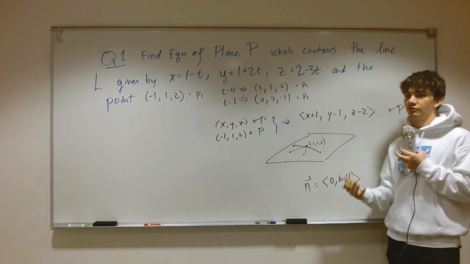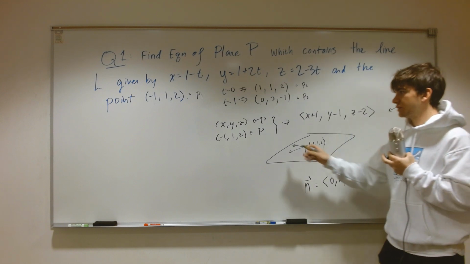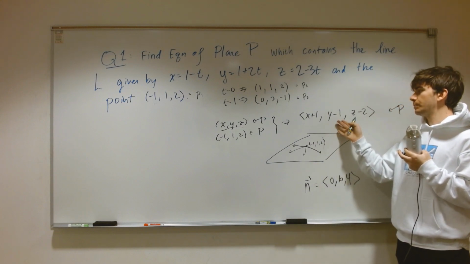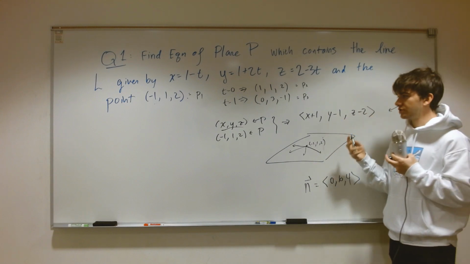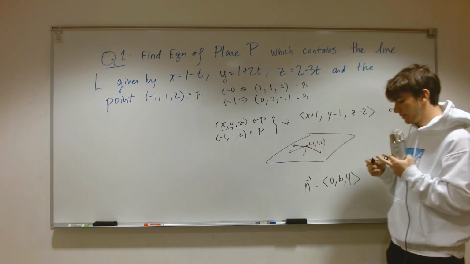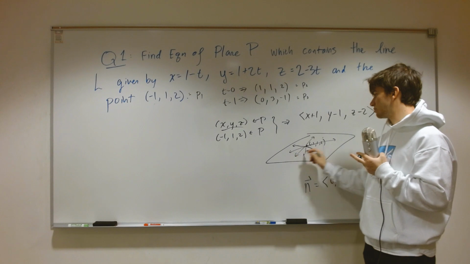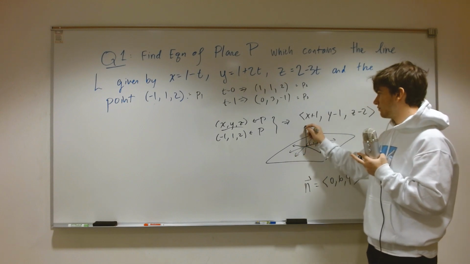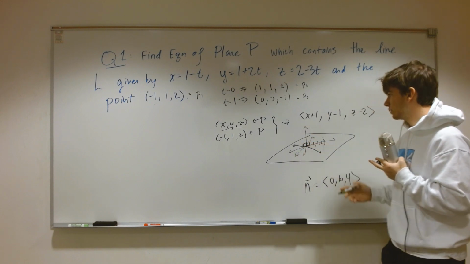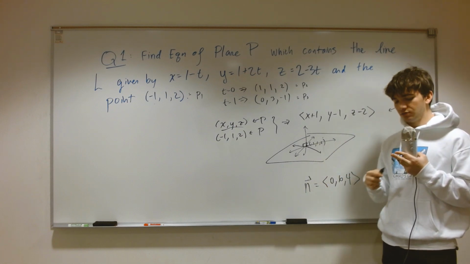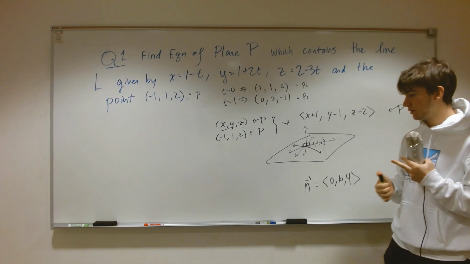Okay, so I'm basically covering the entire plane with this arbitrary x, y, z coordinate, and that's why this is going to give me the general equation for the plane, because these x, y, and z are arbitrary. But the one thing that defines this plane is any vector on this plane will always have, if I look at the normal vector, the dot product with the normal vector will always be 0. And that's like uniquely what defines the plane, okay?